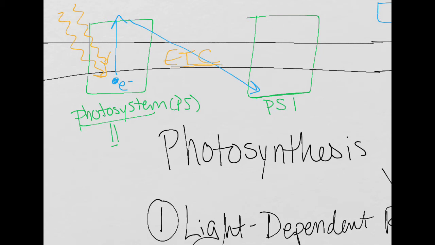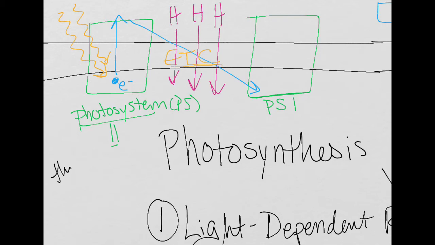They're using the energy from the high energy electron to push, let me get a new color here, to push hydrogens into the thylakoid space. Let me label that here.